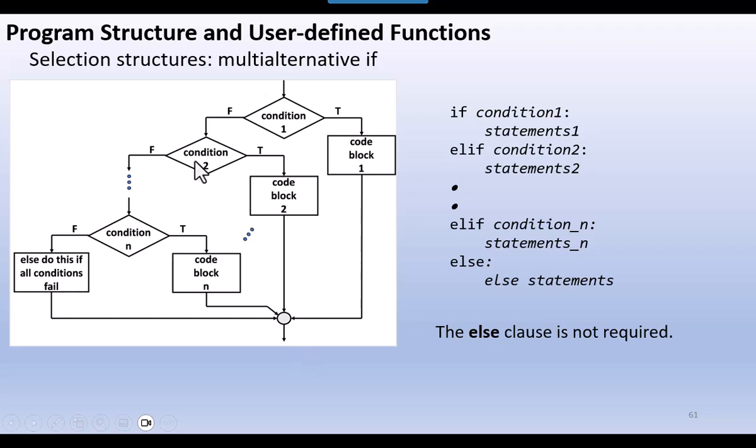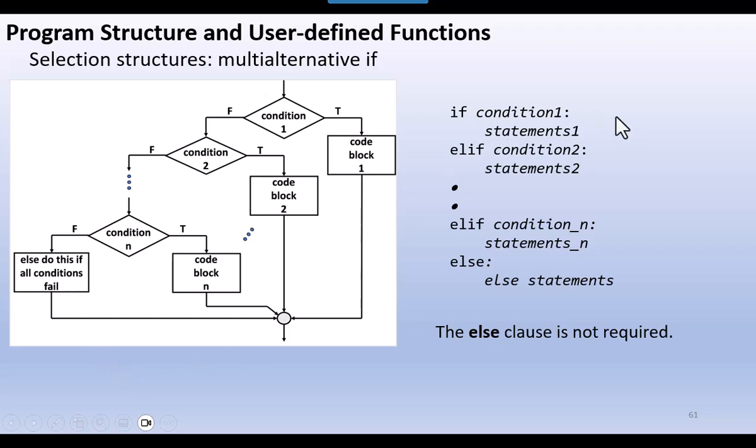And if it's false, we test a second condition, do a different block of code and exit, and so forth and so on. All right. And then we have the final one where we do this and exit. And then if all of these tests are false, we can have a set of code that will execute, that is the else code. It doesn't have to be there, but it quite often is.